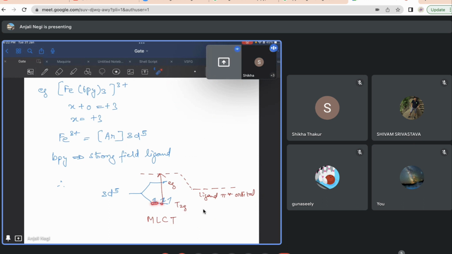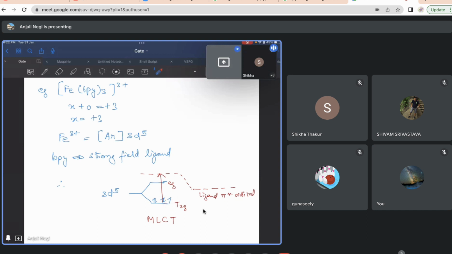in a manner of t2g and eg. And since it's a strong field ligand, it's a low spin complex, and you can see that the pairing is there.